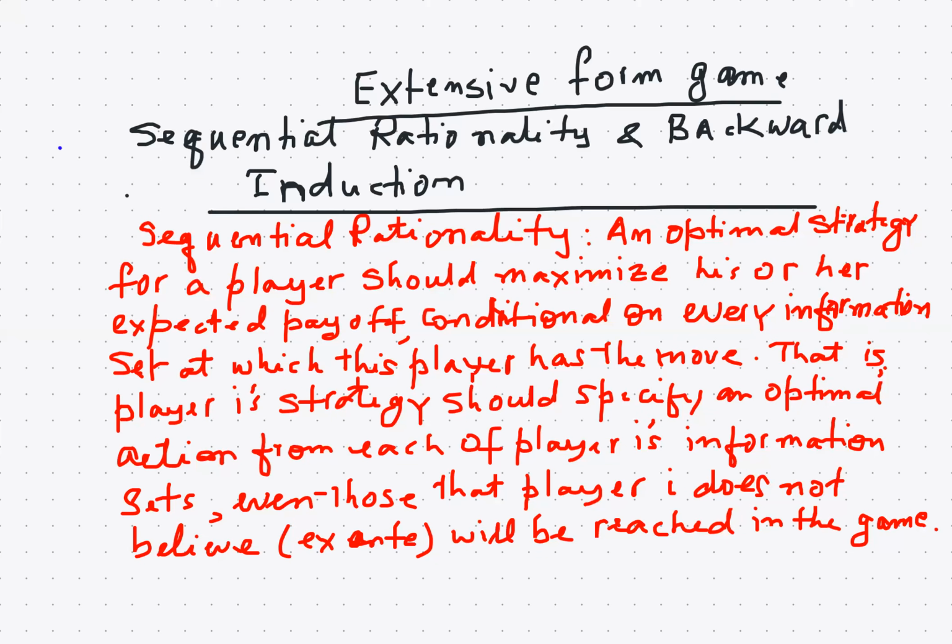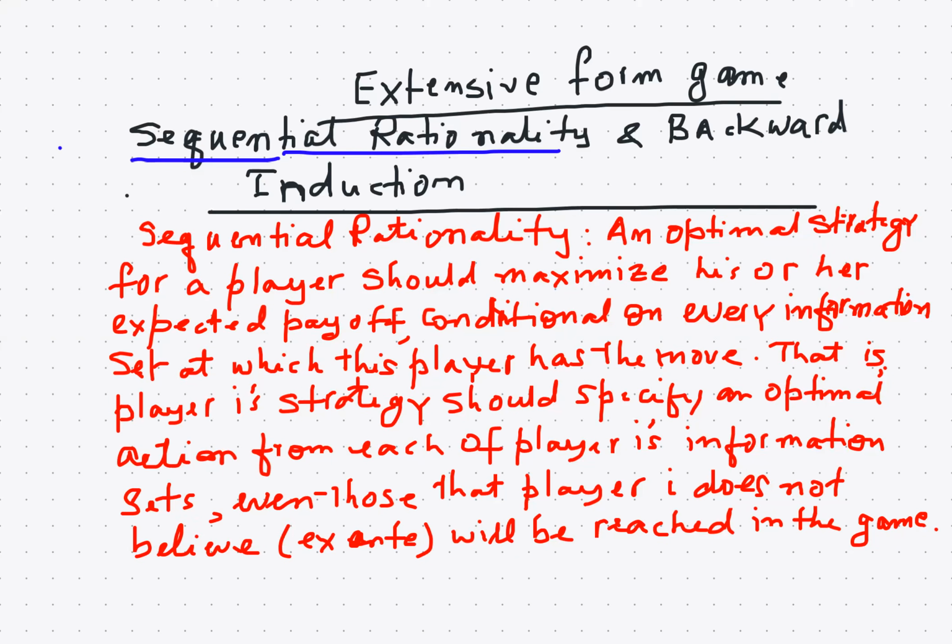In this video, I'm going to look at extensive form games, and we're going to consider the solution concepts for extensive form games. First we'll look at the concept of sequential rationality.